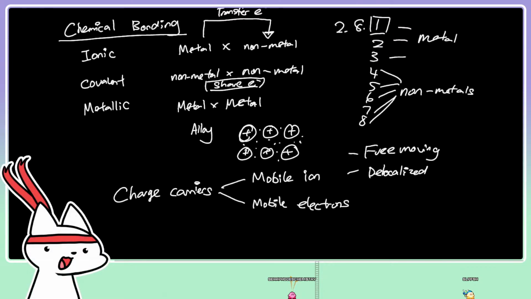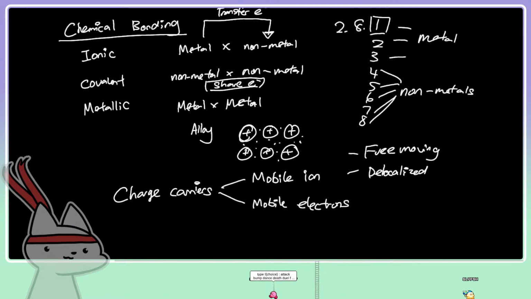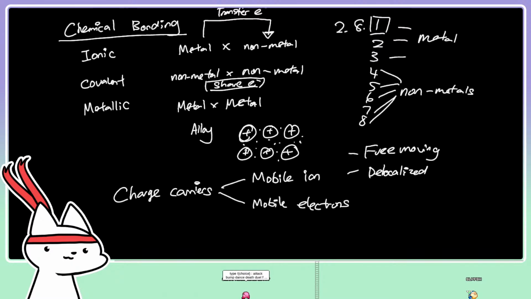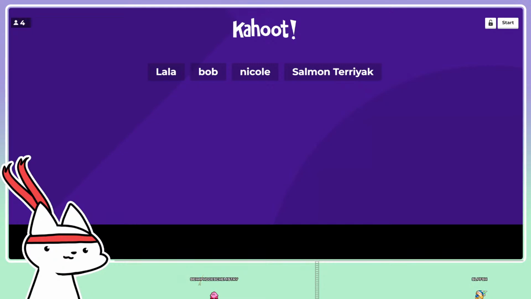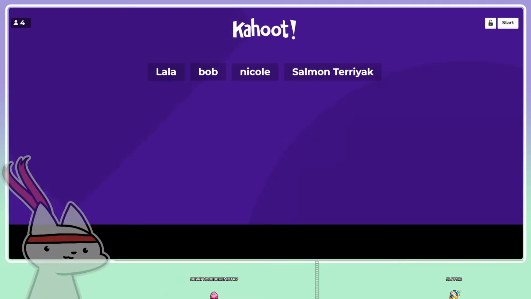You can get the room code from Discord. Okay, so we got Lala, Bob, Nico, and Salmon Teriyaki so far. Okay, it's 9:07. Without further ado, let's start.